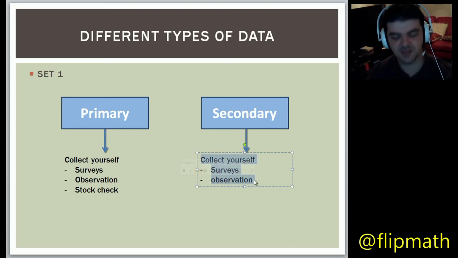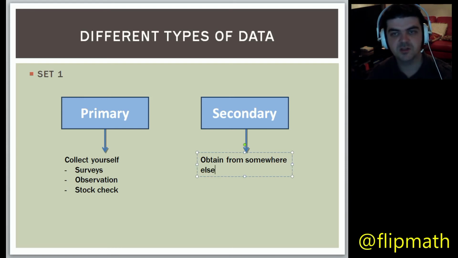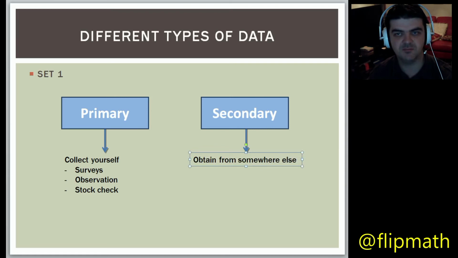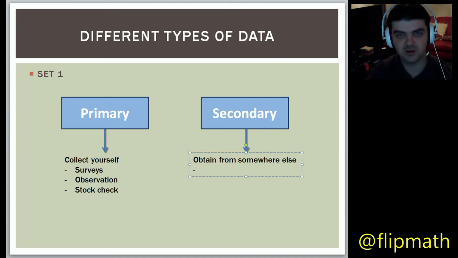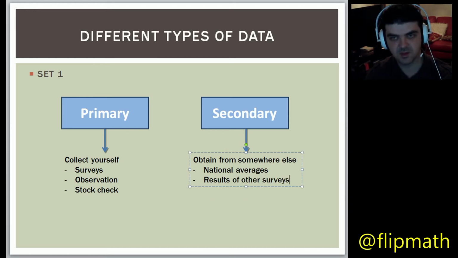Secondary data is stuff that you obtain from somewhere else. There are national averages kept of things. You could get results of other surveys. It can even be things like attendances.